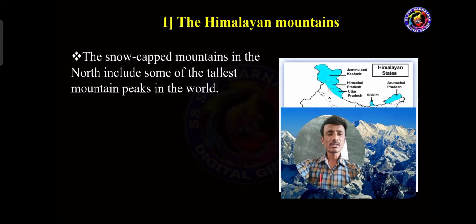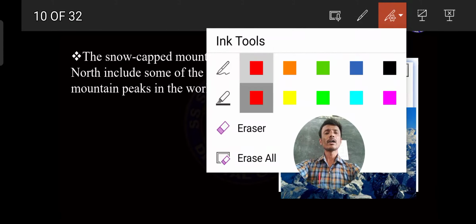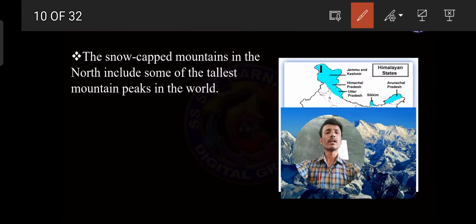India has 4 directions: north, south, west and east. Here, look at this, we consider this the northern part.